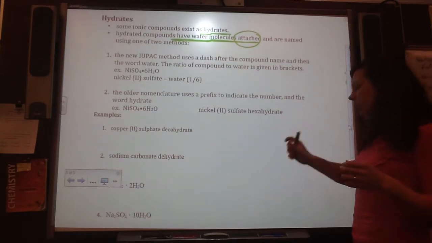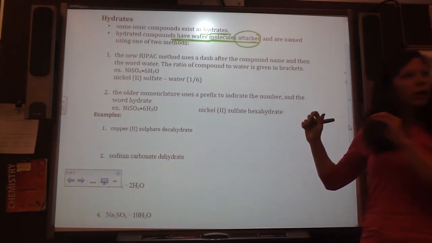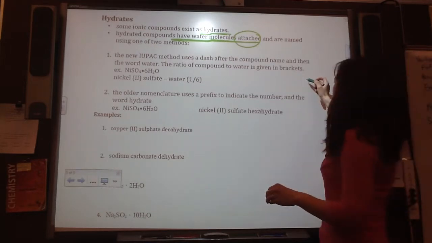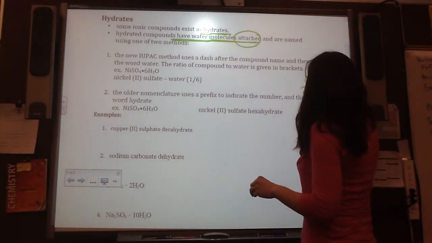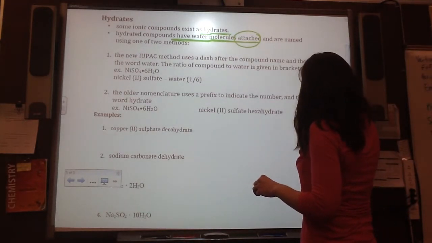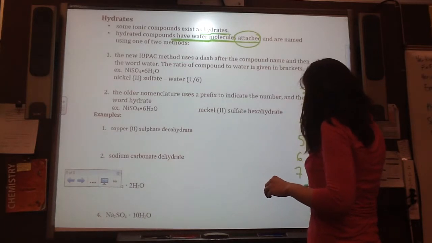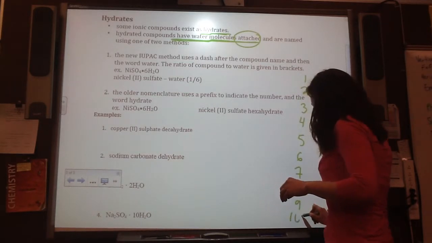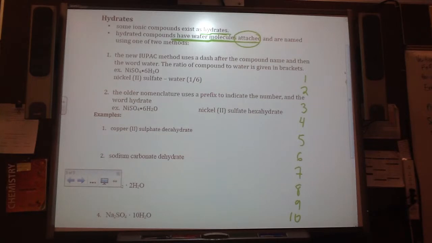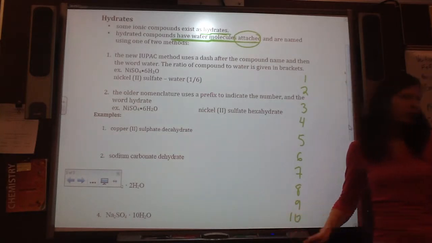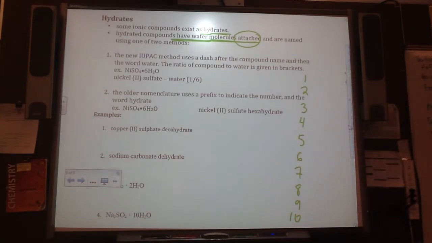So kind of on the side, write 1 to 10. So write a list 1 to 10. We'll do this more next week too. And I'll tell you what each prefix is.